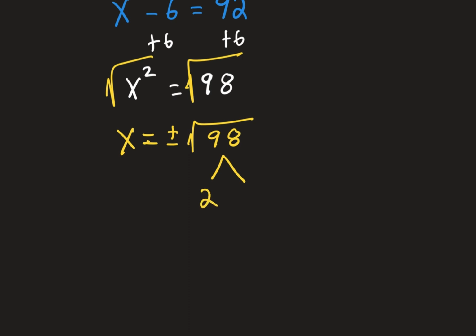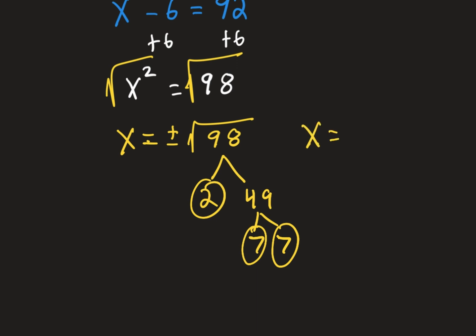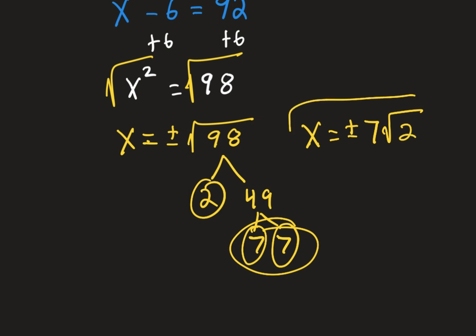So it's 2 and 49. 2 is prime. 49 is 7 times 7. That's prime. So then our solution to this is x is equal to, the 7 has a partner, so plus or minus 7. Don't forget to put that plus or minus in there. The 2 doesn't have a partner, so that 2 has to stay underneath.